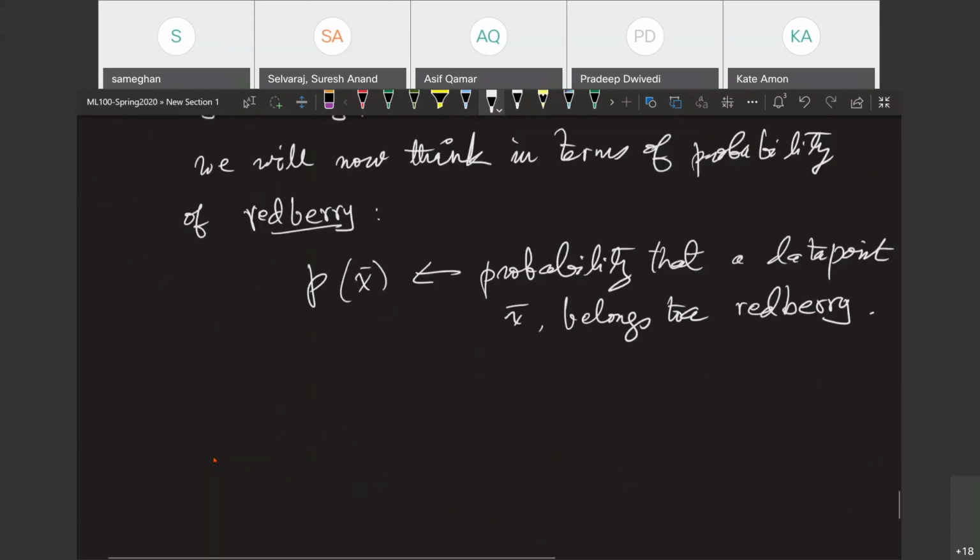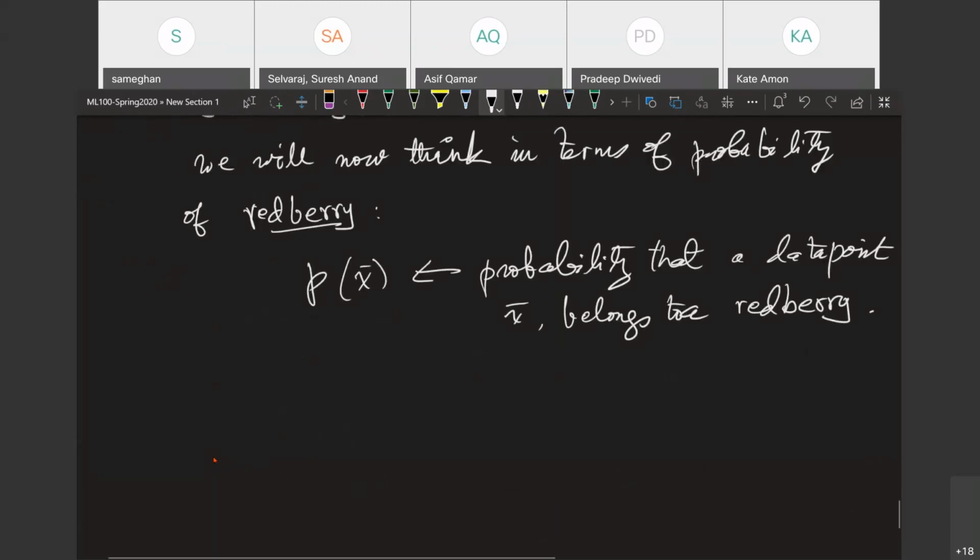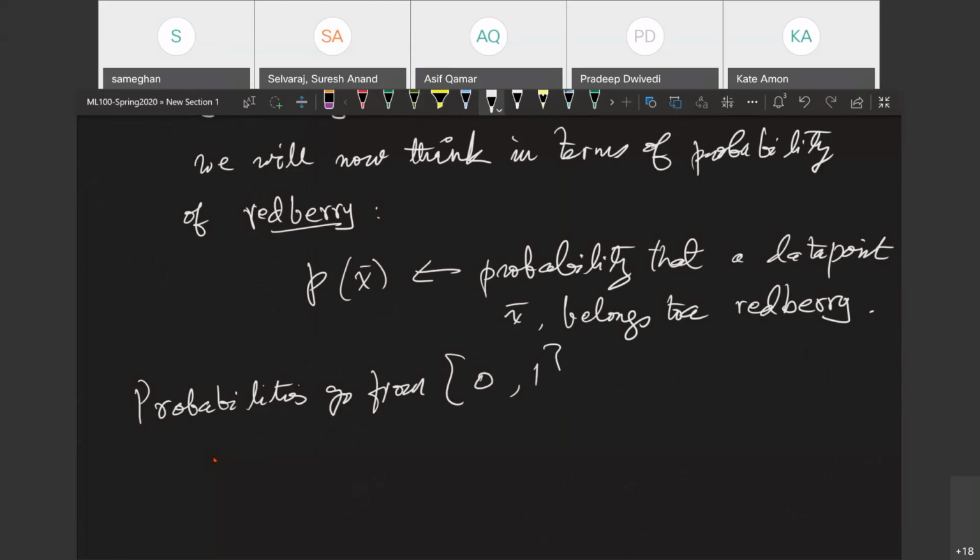Now, a basic primer on probability. Probabilities go from 0 to 1. This is something mathematicians have defined. Probability of 0 means it is certainly not a red berry.